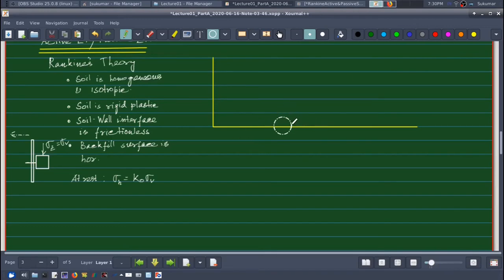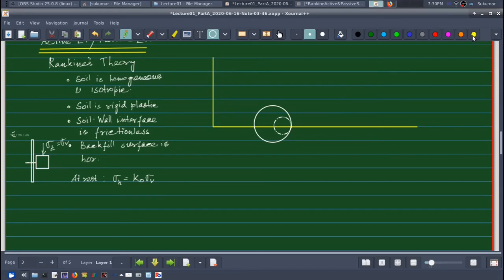it will start from here, and then I'll have a more and more decreased value of horizontal stress, and finally I will have a condition at which this circle will touch my Mohr Coulomb failure envelope.